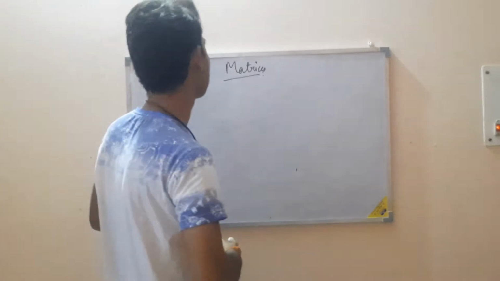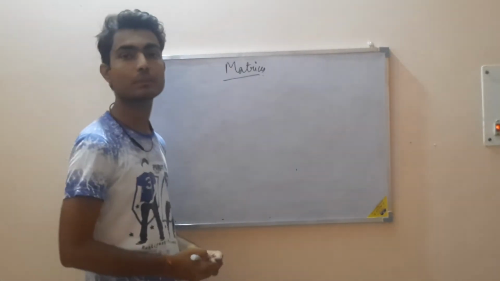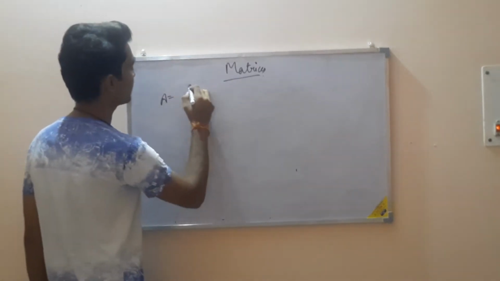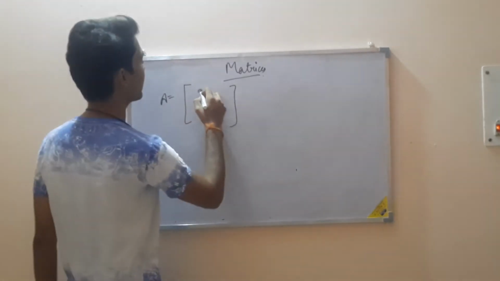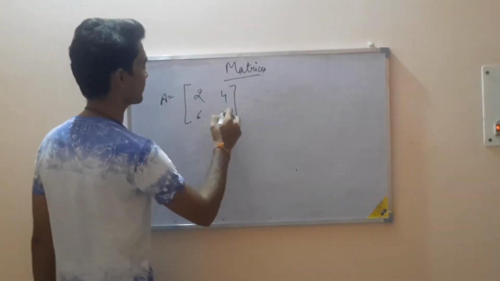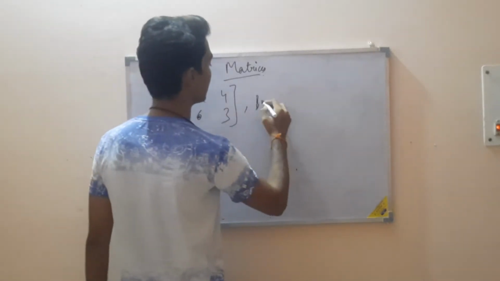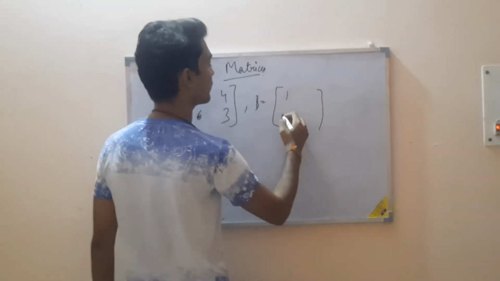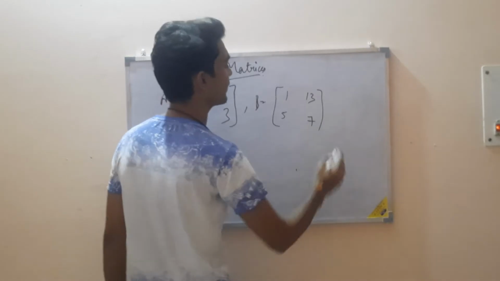Now let's discuss multiplication. Consider we have a matrix A equal to, let's start with a 2 by 2, 2 4 and 6 3, and B equal to, let's say, 1 3 5 7.